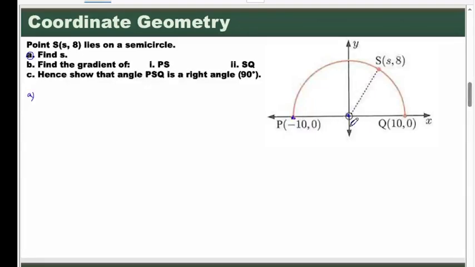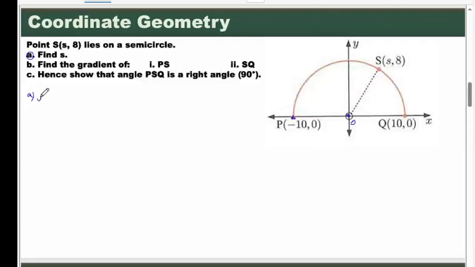I say the origin of this coordinate plane is O. So PO has the same distance as SO because they are the radius of this circle. Anyway, first of all, I find the value of this distance.